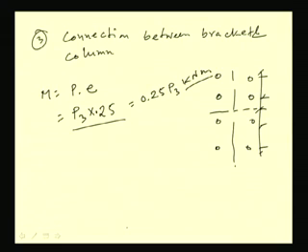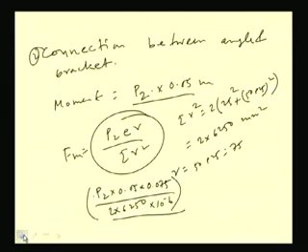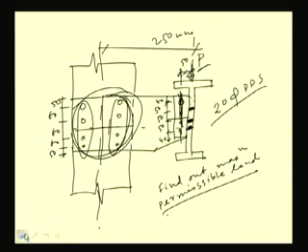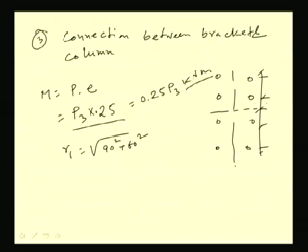Now, R1 will become root of 90 square plus 60 square, because you see the distances have been given, these are all 60. So, this is 30, this is 60, so this total will be 90, and these distances are 60 again.